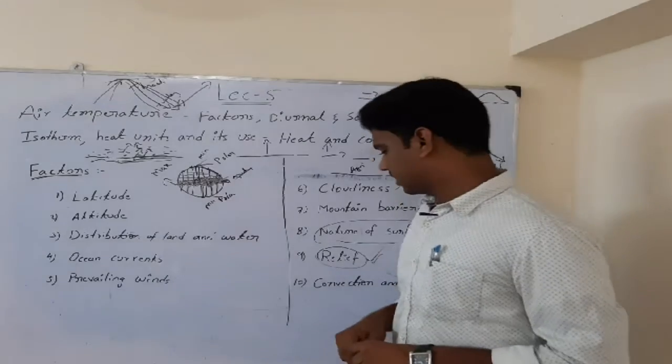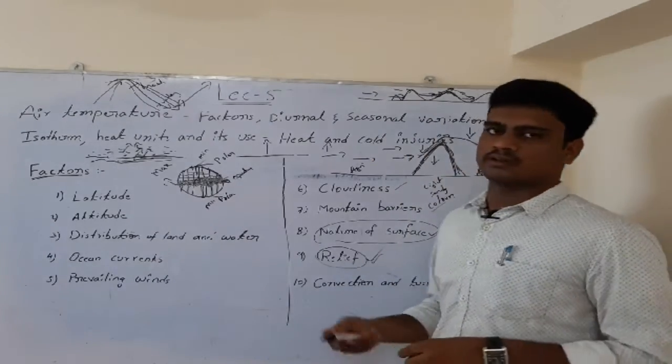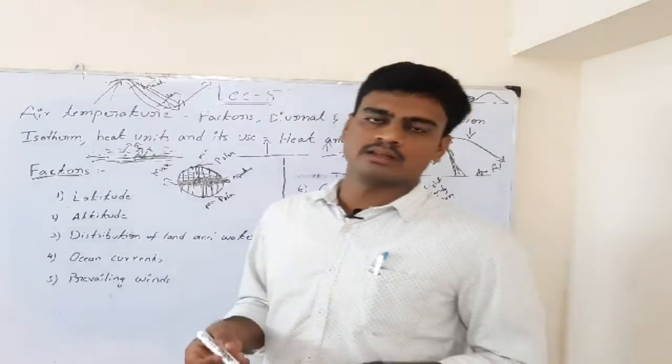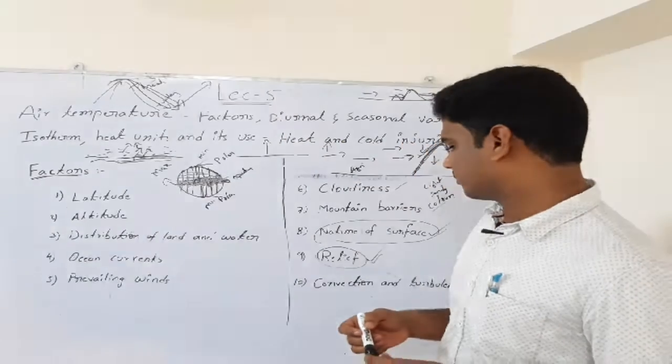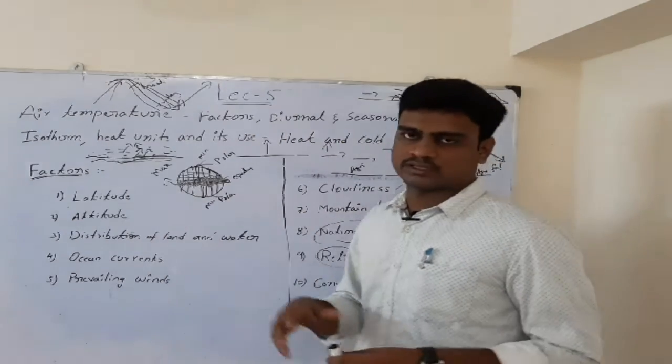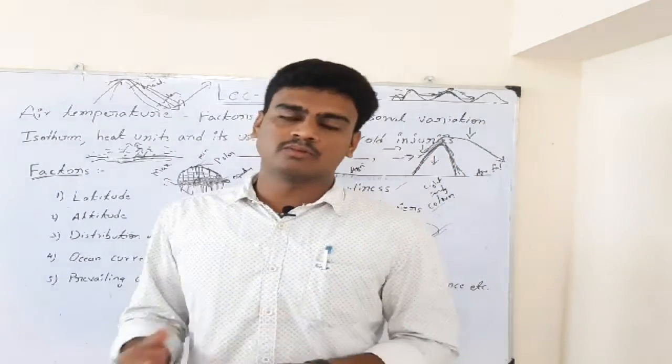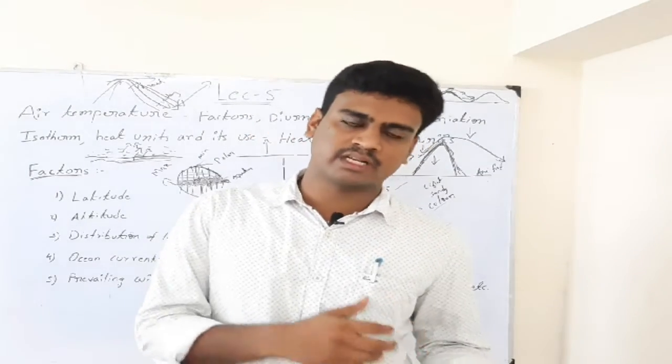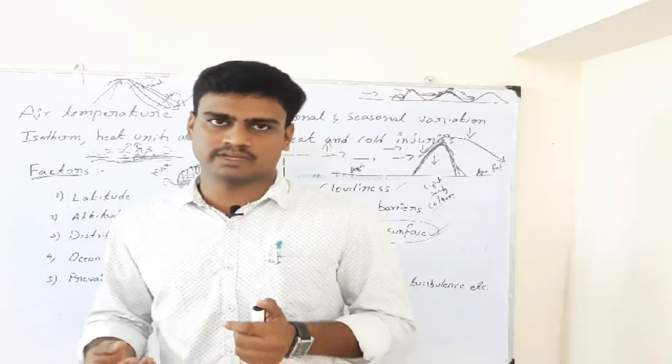Then the last one is convection. Convection means, as we all know and as already explained in the transfer of heat, movement of molecules from one place to the other place. Along with the movement of molecules, heat will be transferred from one place to the other place.